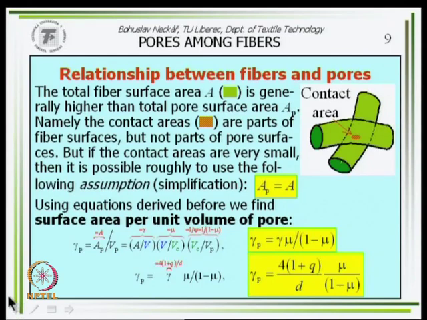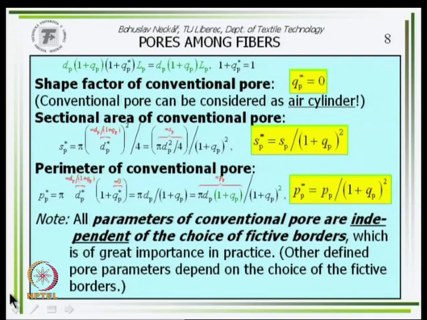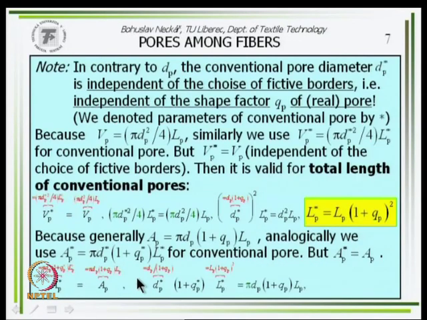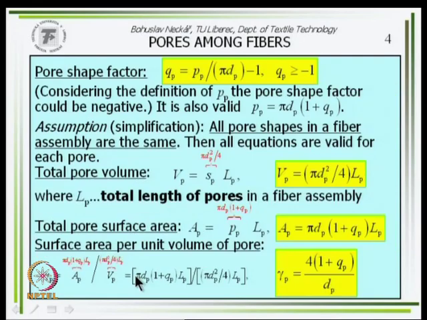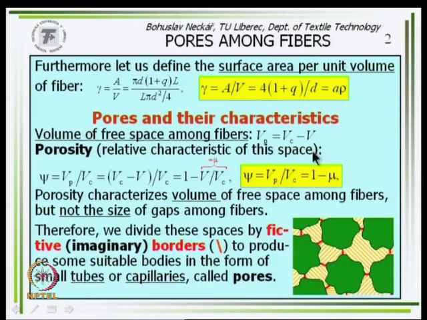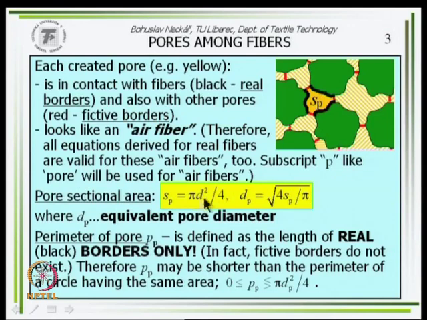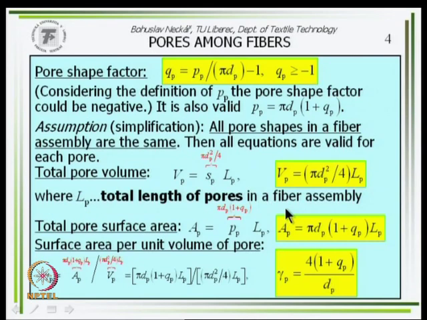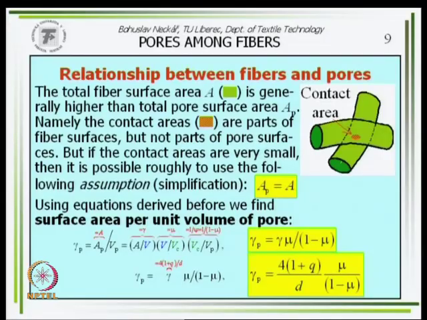These equations together give different quantities SP, dP, VP, AP, QP, gamma P, which are valid for pores. Nevertheless, usually we don't know these characteristics.